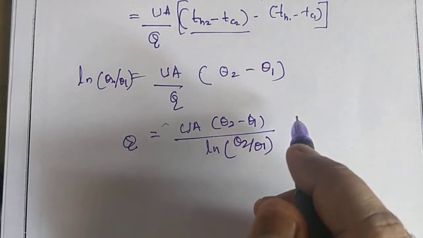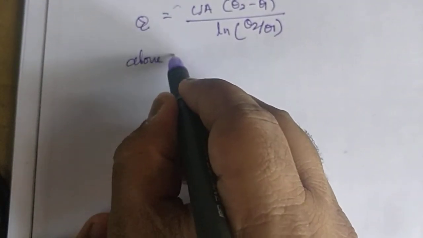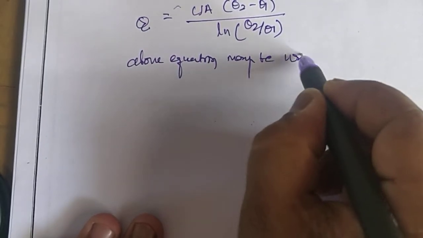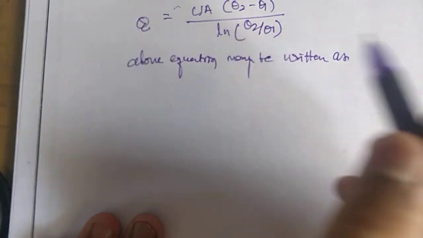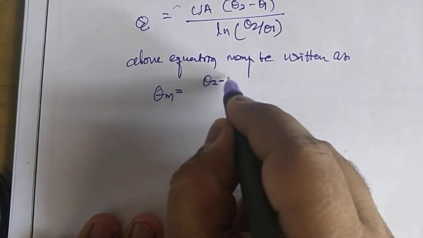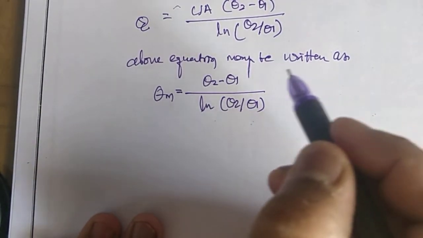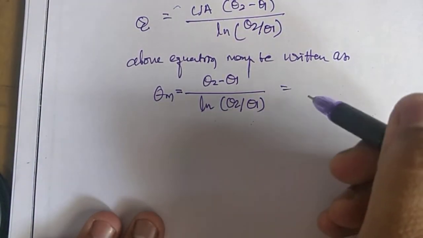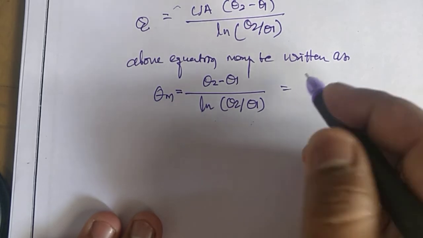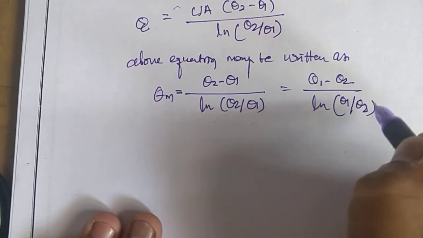The above equation may be written as theta m equals (theta 2 minus theta 1) by ln theta 2 by theta 1, that is, (theta 1 minus theta 2) by ln of theta 1 by theta 2.